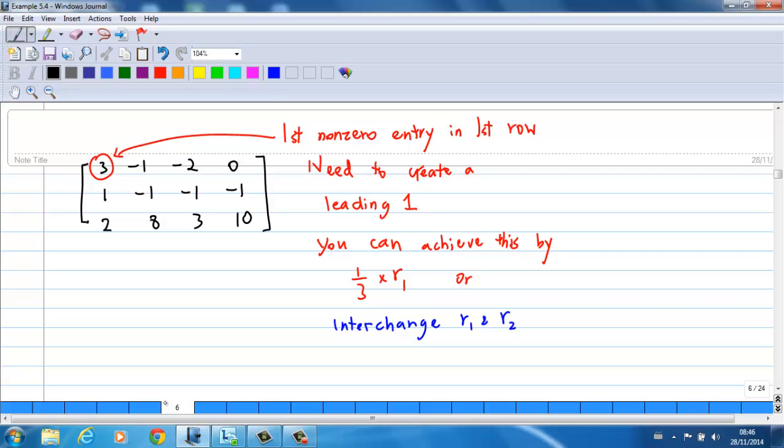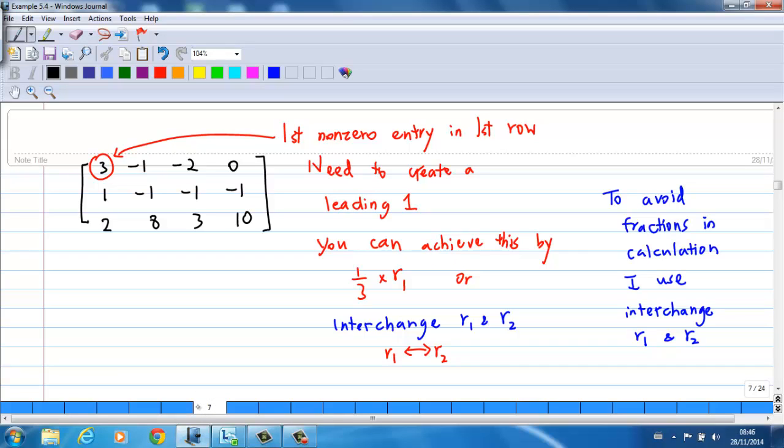Then you have a leading one in the first row. In order to avoid fractions in my calculation, I'm going to interchange the first row and second row, and I'm going to use this notation.